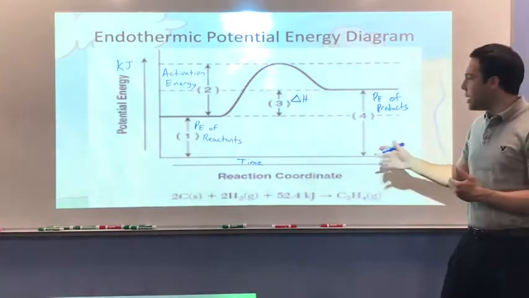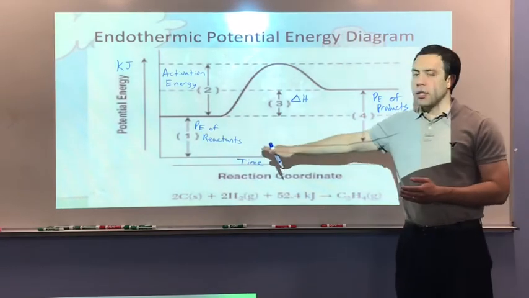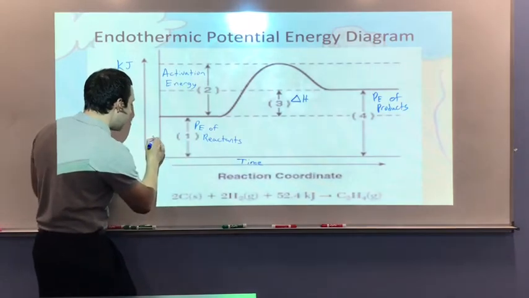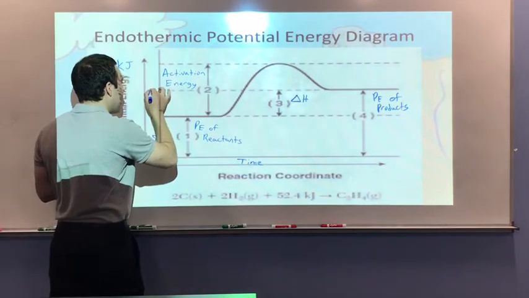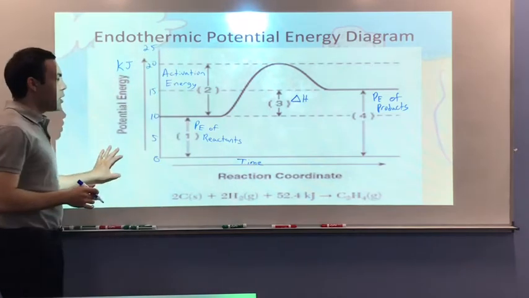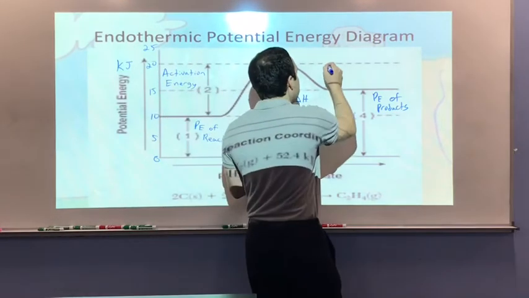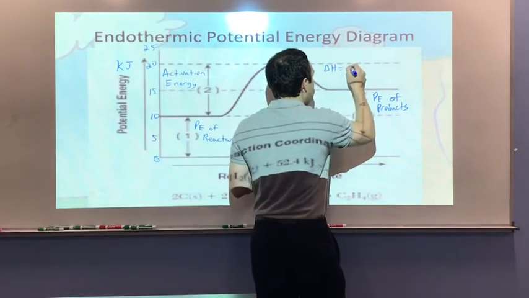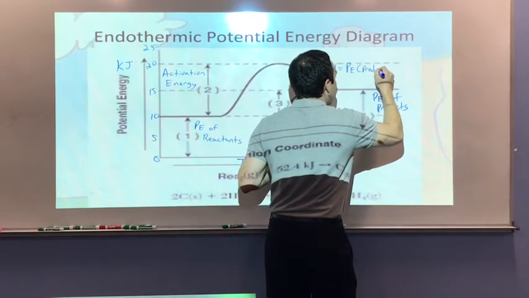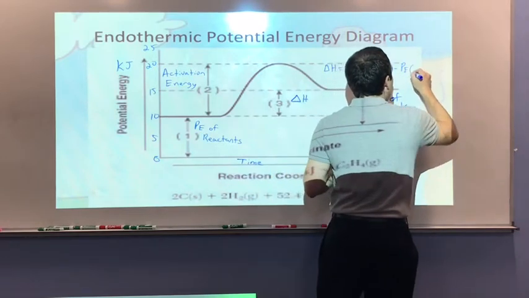And here, once again, we find delta H by subtracting products minus reactants. So once again, if I were to give random numbers, 0, 5, 10, 15, 20, and then 25 kilojoules up here, this time if I do products minus reactants, so delta H equals PE of the products minus PE of reactants.